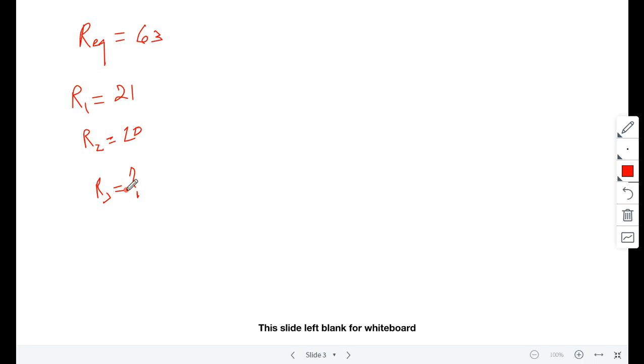All three are connected in series, okay? And their equivalent resistance is 63. Then you have to calculate R3, that is the third resistance which is connected in series. Think how you can calculate this. So is it 41?